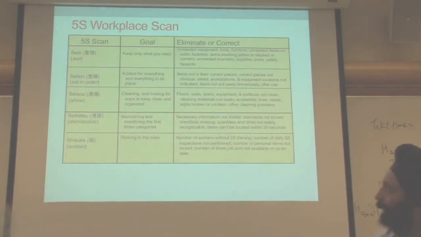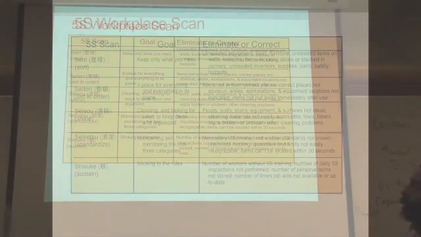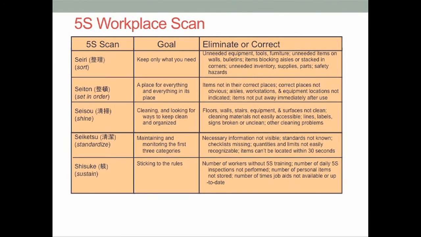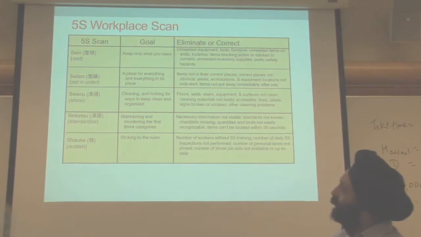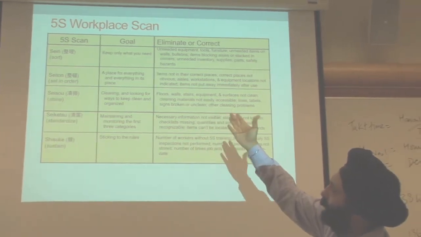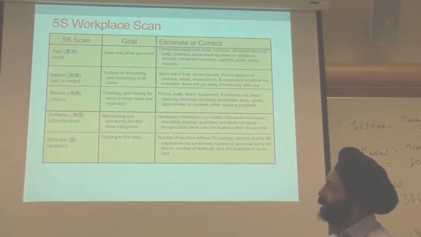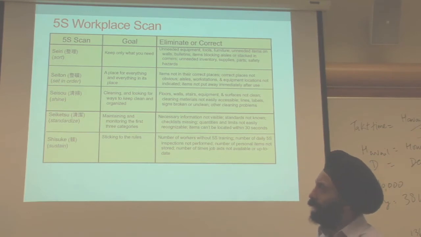So here is an example of the 5S workplace scan, coming from the Japanese production system. Seiri is sort, which is to keep only items that are needed. Unneeded equipment, etc., should be sorted out and put in the right areas.